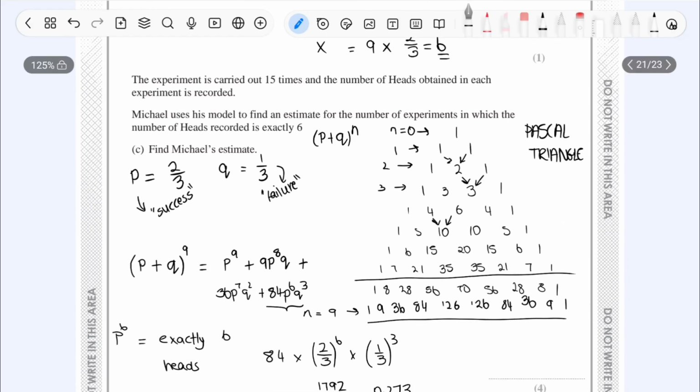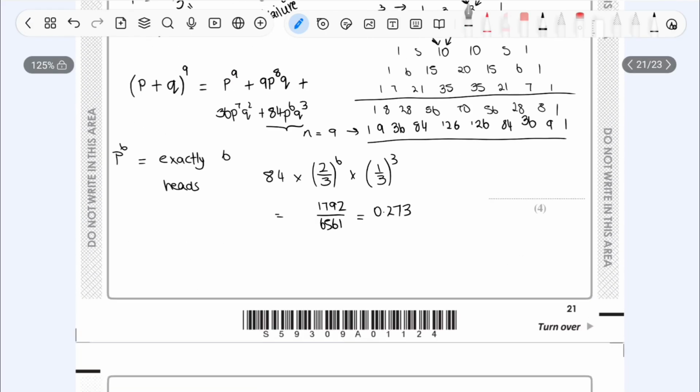He does this 15 times, and since each has a probability of 0.27, it happens roughly 4 times.